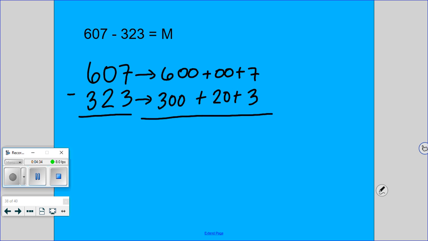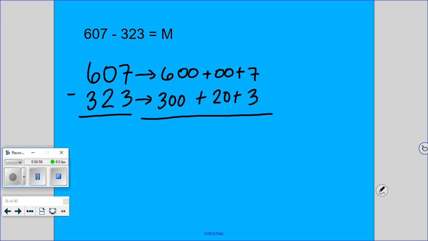Because in case you're adding, you might have another 10. You might have to add it to your tens. You always start with your smallest unit in case you have to make a trade. It's much easier to trade when you're dealing with small numbers than when you're dealing with large numbers.